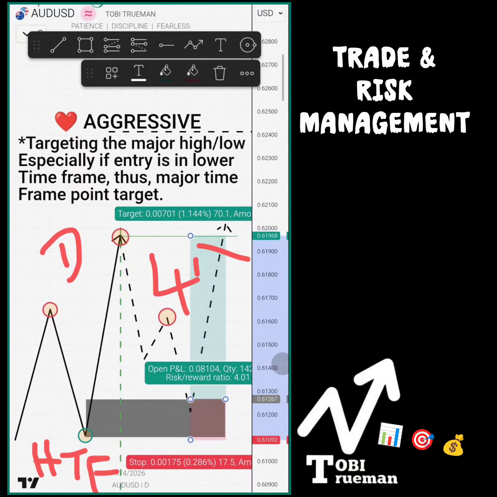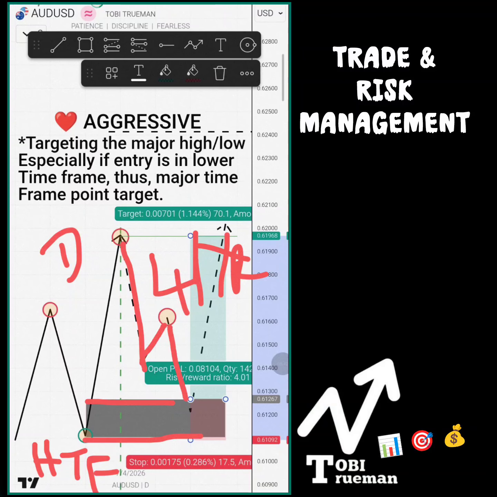On the 4-hour time frame, we have seen a valid demand zone here. We want price to come down, and it's not just coming down like that. It will come down, make another high point, and come down again. This is our target, this is our entry. Price has tapped into this trade.